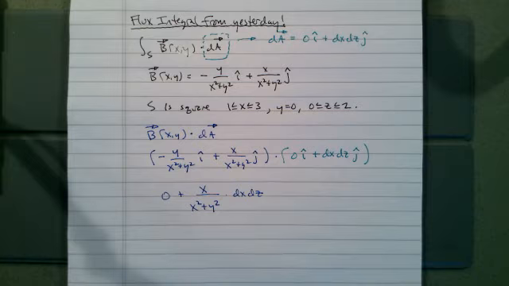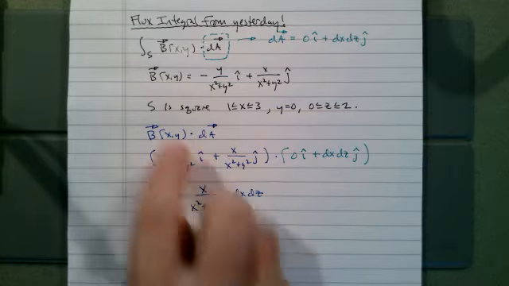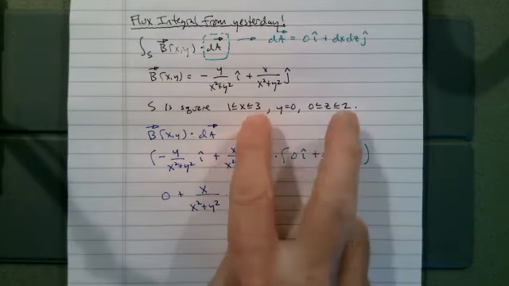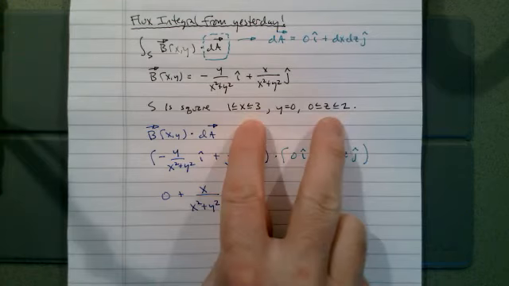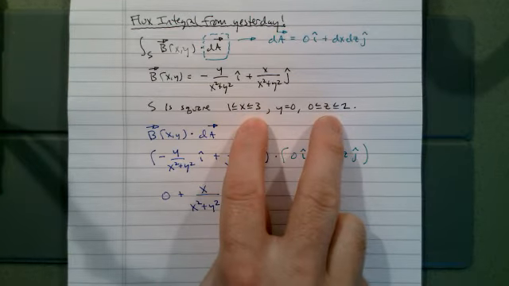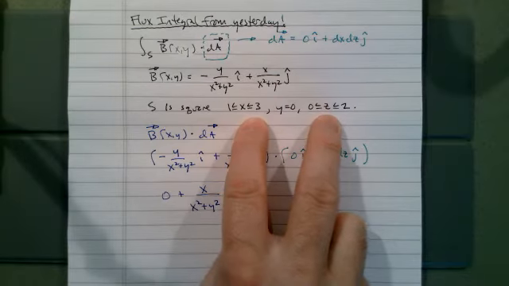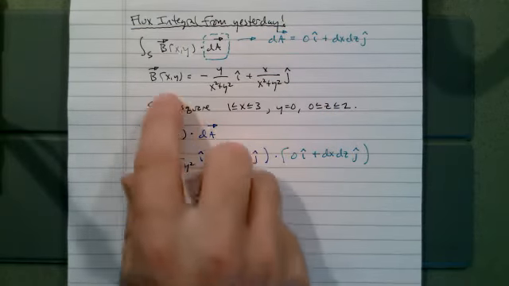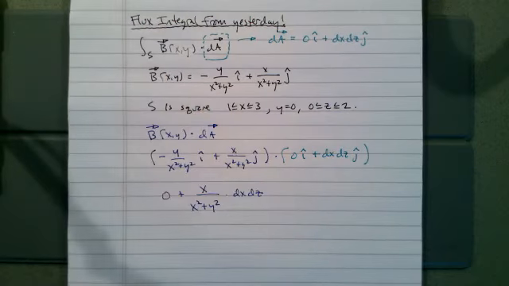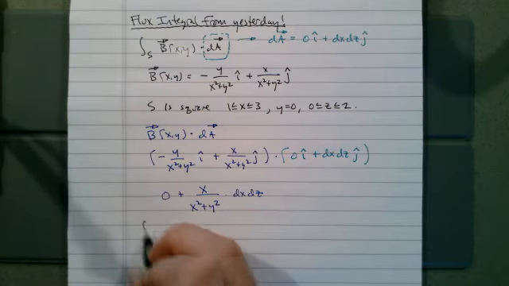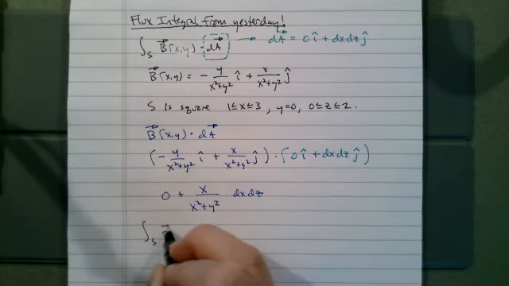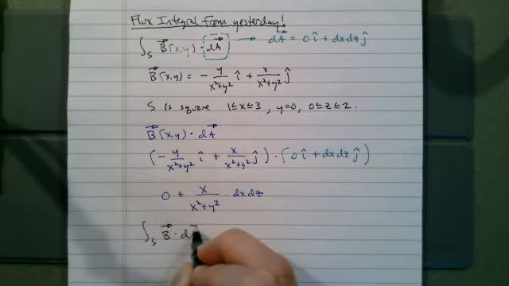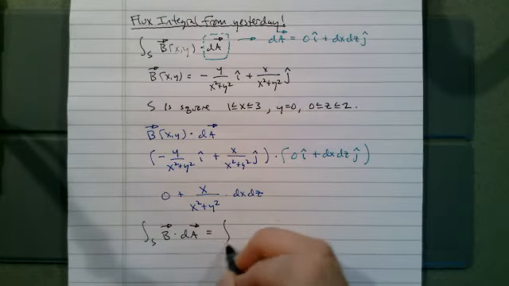This is going to give us an integral, and we have to integrate over this surface. And the surface, writing the square this way, where x goes from 1 to 3 and z goes from 0 to 2, tells us how we're going to be integrating our flux integral. So our flux integral is going to be an integral.